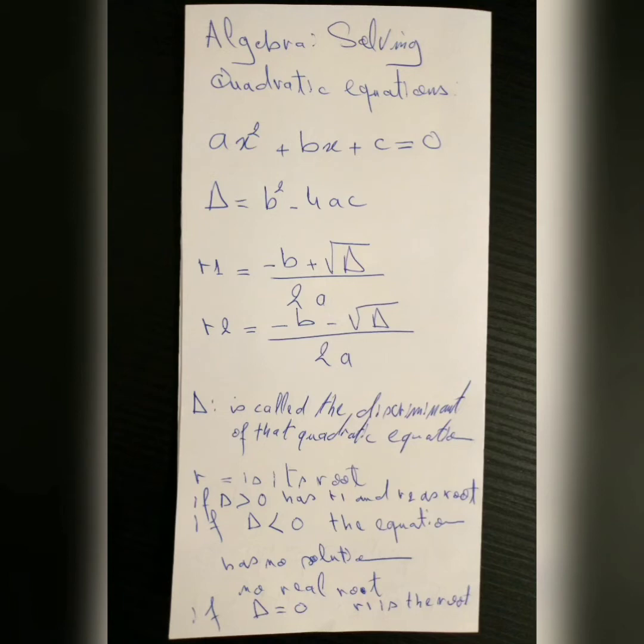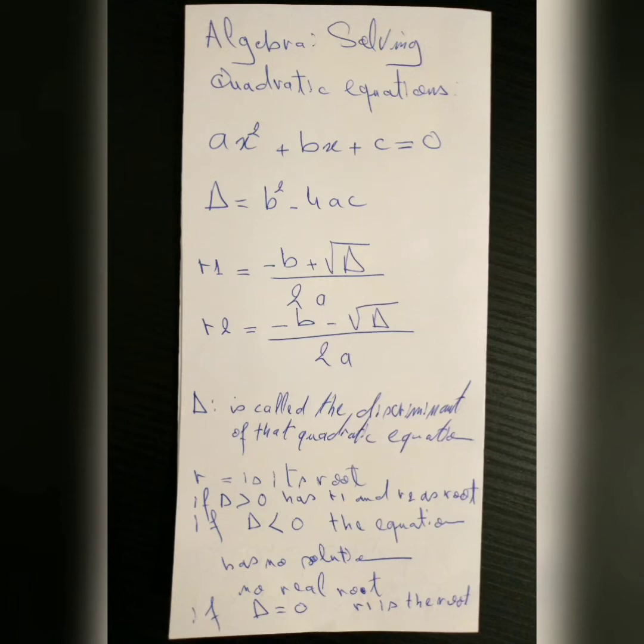For example, let's start with the case the discriminant is positive, strictly positive, more than 0. The equation has two solutions or roots, and if the discriminant equals 0, it has only one.